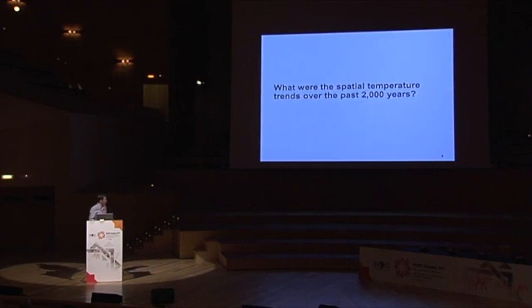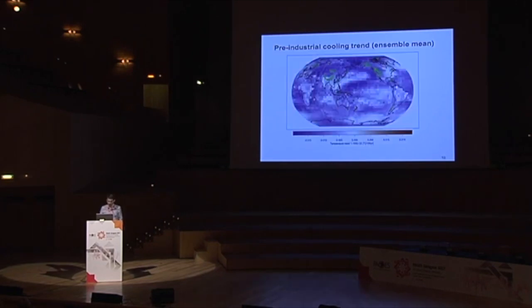Okay, so there are a lot of cool questions that one could address with all these reconstructions. The questions that I'll be focusing on are a few related to trends over the past 2,000 years, especially the pre-industrial era. What's robust across all these different methods over the past 2,000 years?